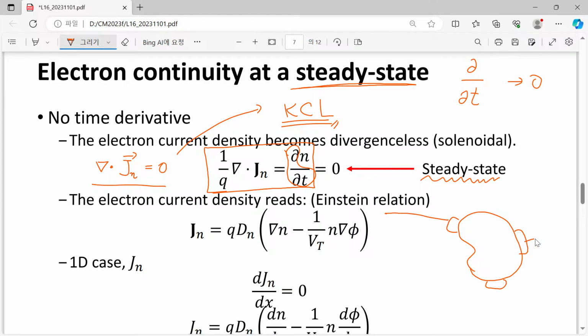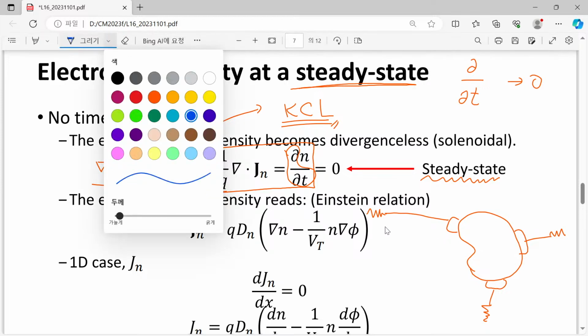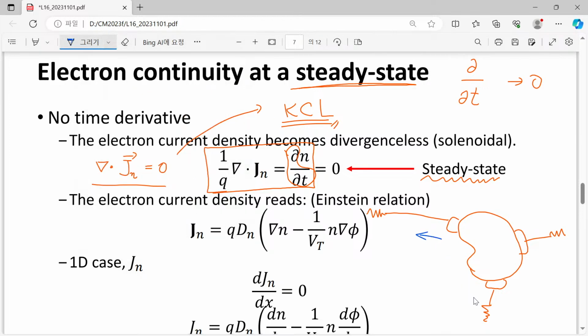Okay, so are you with me? I mean that there can be a certain resistor and resistor and resistor, and say that this is the meeting point of 3 different branches. Then what is the KCL? Kirchhoff's current law just stated that the sum of all our outgoing branch currents should be 0.